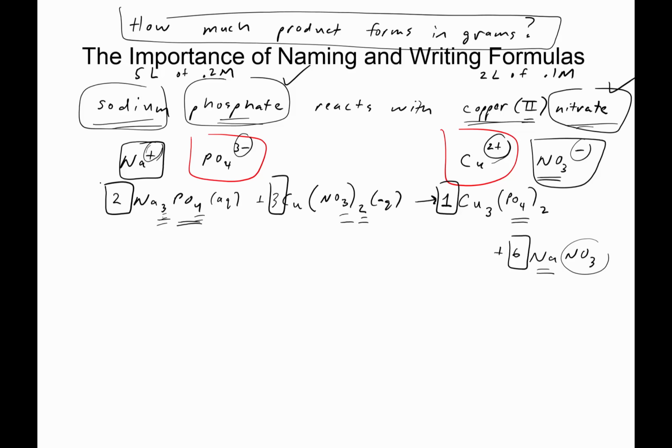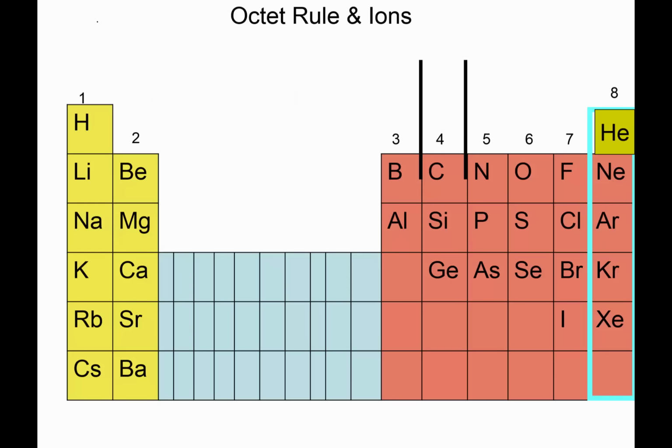So these numbers, again, they're not possible. The seed for all of this, for answering this, all started with going from names to formulas and getting the formulas correct. So in the future, we're hopefully going to be able to answer questions like this. So to get there, we need to cover how to name.